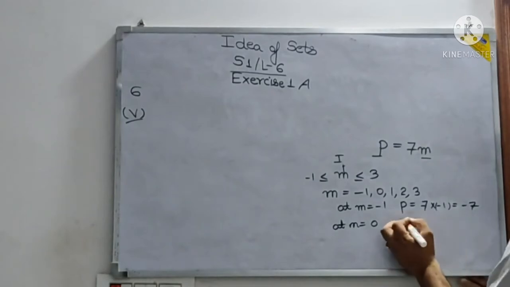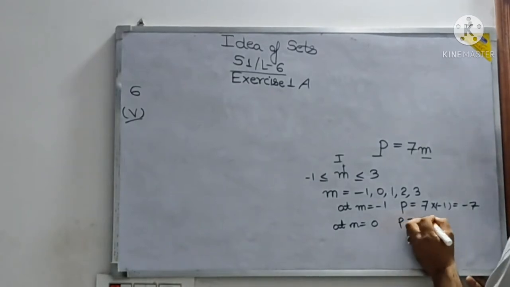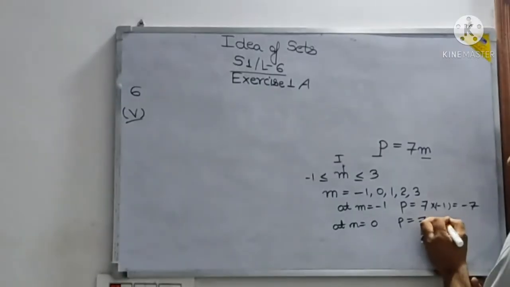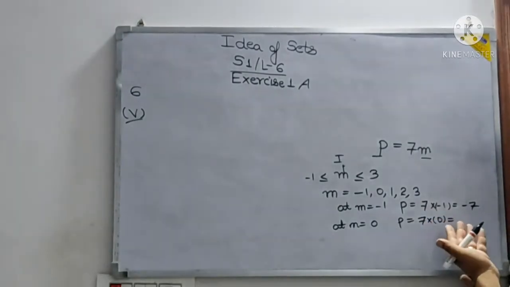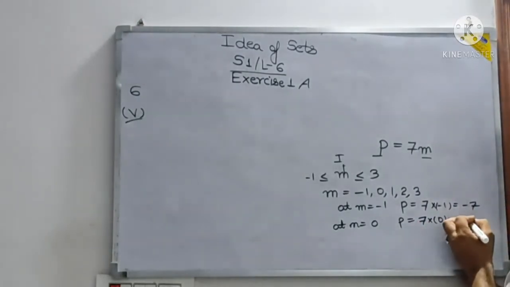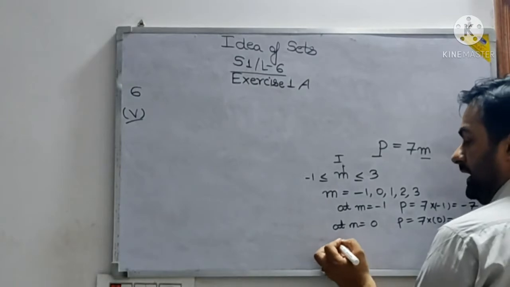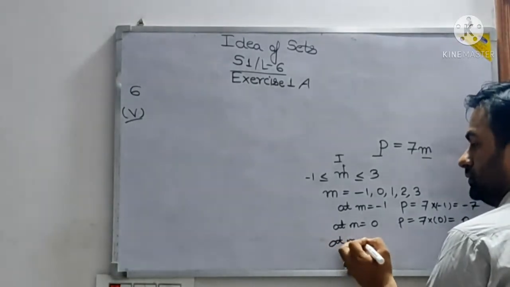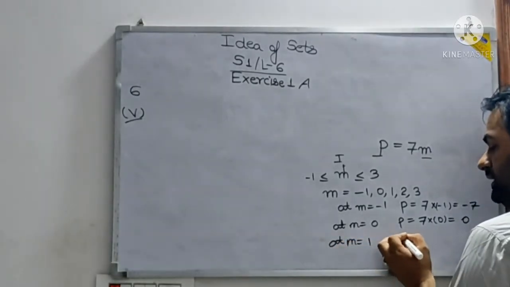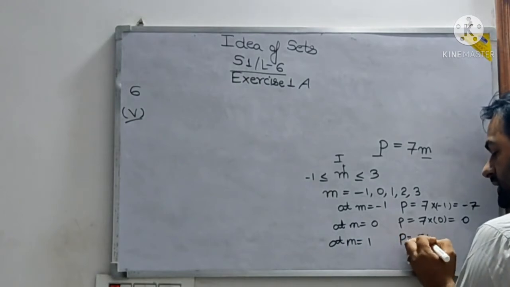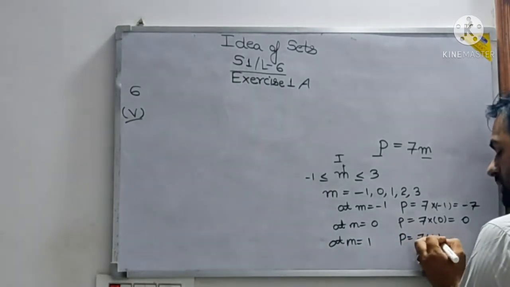So P will be 7 into 0, that is 0. Now at m equal to 1, P is equal to 7 into 1, that is 7.